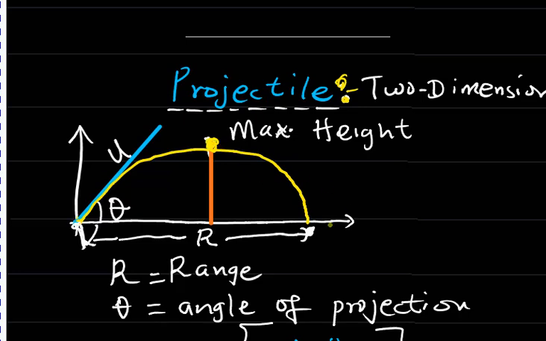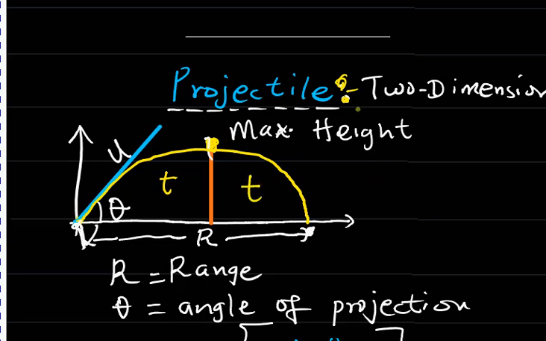Then from the maximum height, it will return back to the ground. So the time it takes to reach the maximum height is small letter t. It will take the same time to move from the maximum height to return to the ground level, another small letter t.